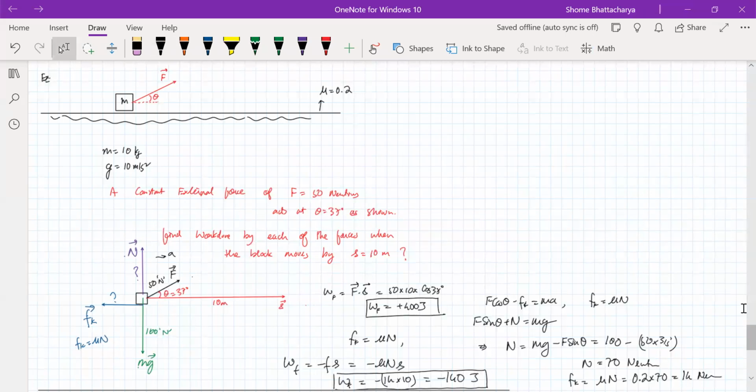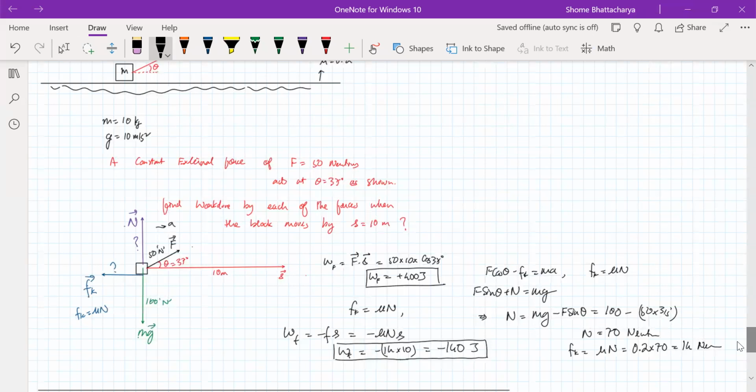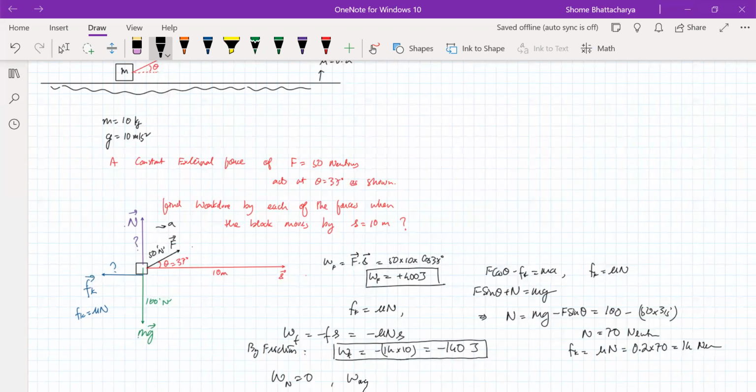The friction is not going to be mu mg, it is going to be mu something less than mg, because normal reaction is less than mg. So this is work done by friction. And what about the work done by normal reaction? That will be 0. And work done by mg, that will also be 0, because n and mg are perpendicular to the displacement.